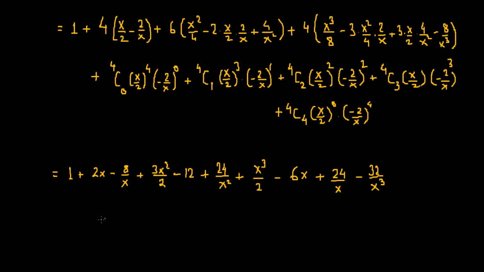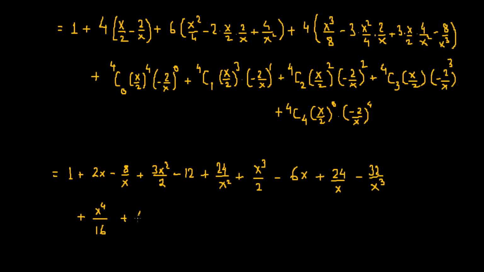Okay, then we come to the next term, so 4c0 is 1, x over 2 raised to the power of 4 is x raised to the power of 4, 2 raised to the power of 4 is 16, and negative 2 over x raised to the power of 0 is 1.